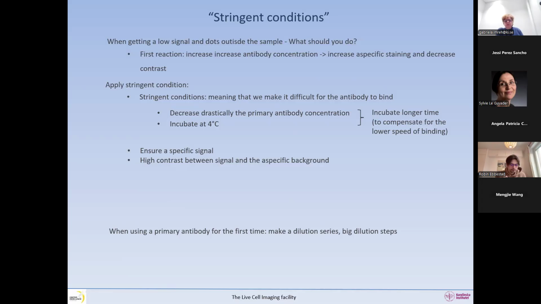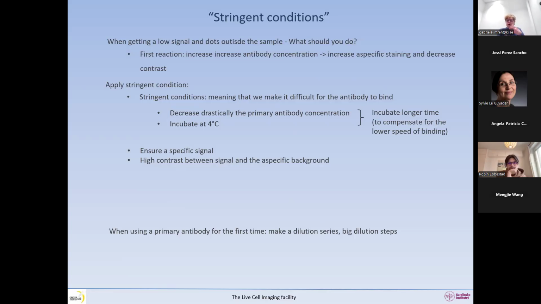By doing this, we will ensure a more specific signal, and will improve the contrast between the signal and our background. And of course, anyway, when you are using an antibody for the first time, you should make a dilution series, and you go with big steps to actually find the best dilution.